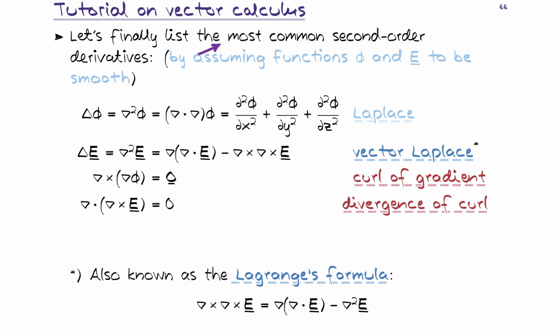As you can see here, I'm basically just changing the terms of my vector Laplace operator. So instead of solving this vector Laplace, I'm now solving the double curl when I'm calculating the Lagrange's formula. But this is what we are using quite a bit in our course, and it's exactly the way we define the vector Laplace operator.